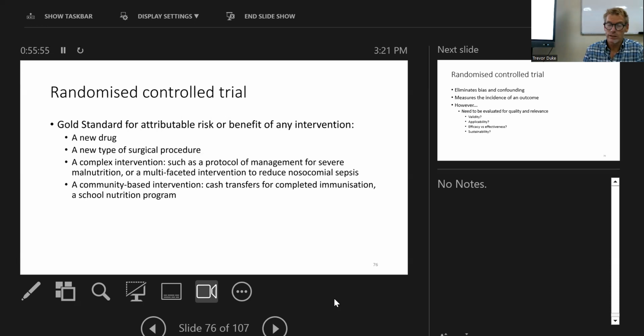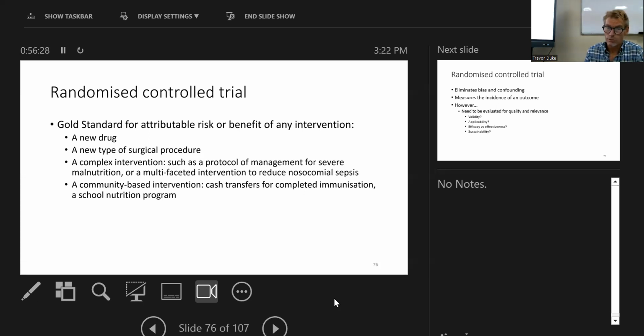They don't have to be medical interventions, and there have been some good randomized trials of social interventions, like school nutrition programs, done in a randomized way, showing that growth is better and cognitive performance is better when you've got a school nutrition program. Again, there have been big studies in South America, particularly, randomizing schools to having the nutrition program or not having it to start with, and then seeing whether things improved, right?